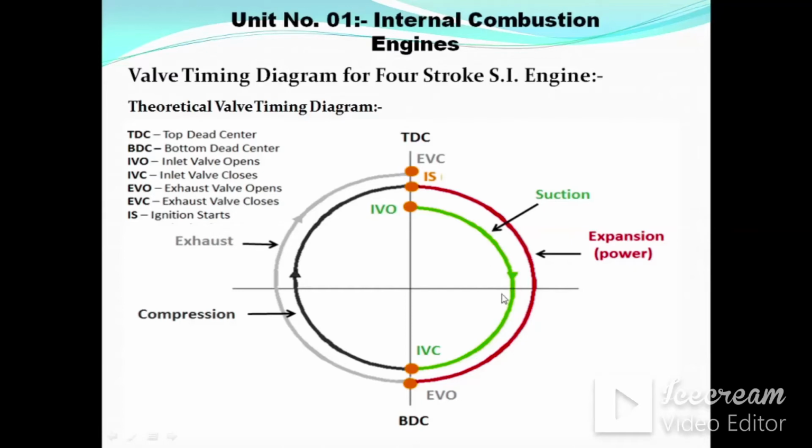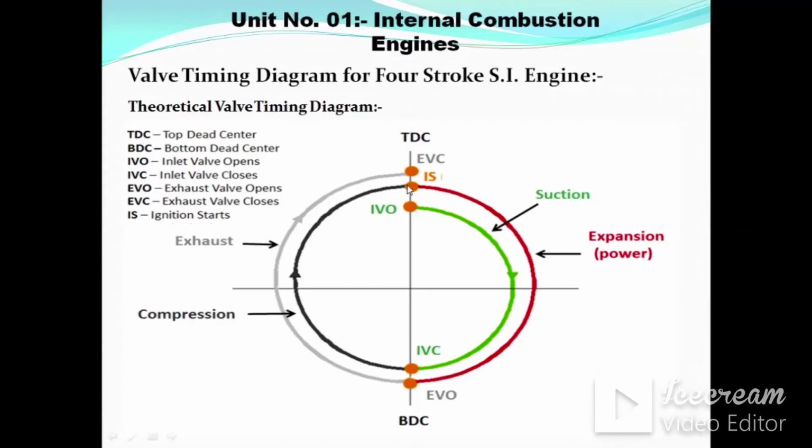This suction stroke is completed after a 180-degree revolution of the crankshaft. When the crankshaft revolves 180 degrees, the inlet valve closes. After that, the compression stroke starts. The fresh charge is compressed in this compression stroke, indicated by the black curved line. This compression stroke is also a 180-degree revolution.